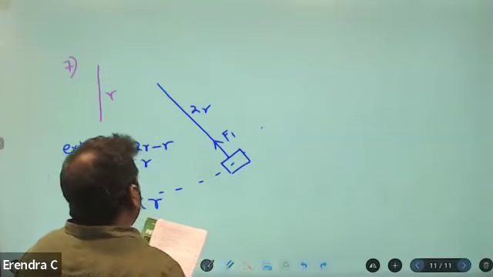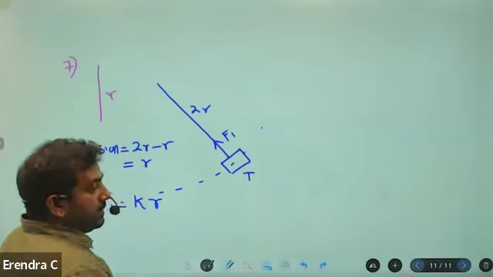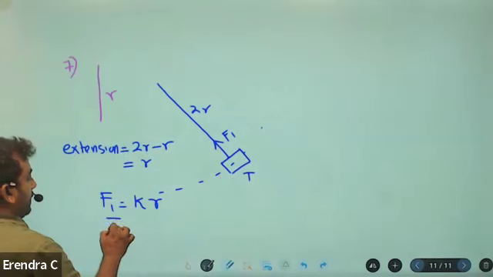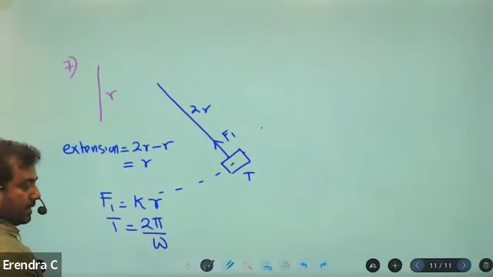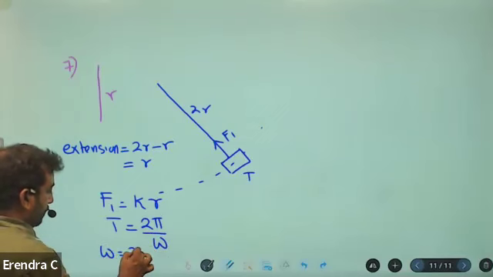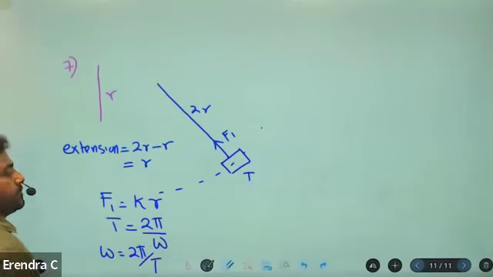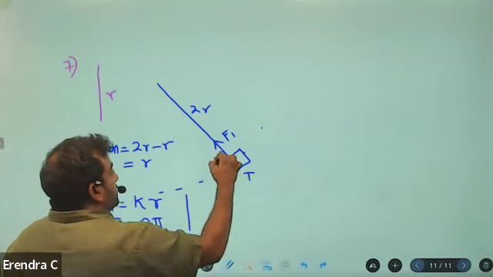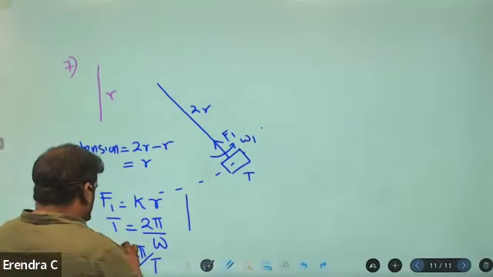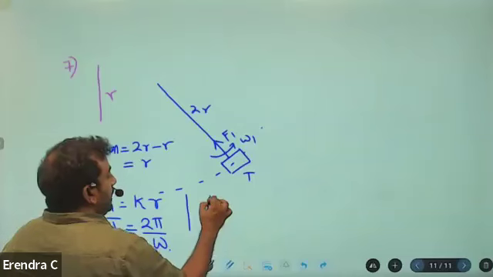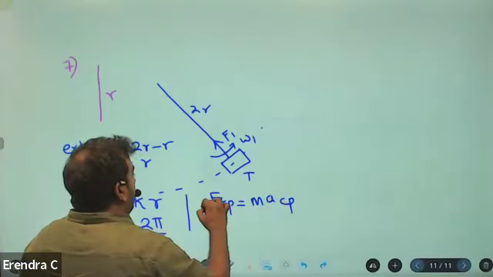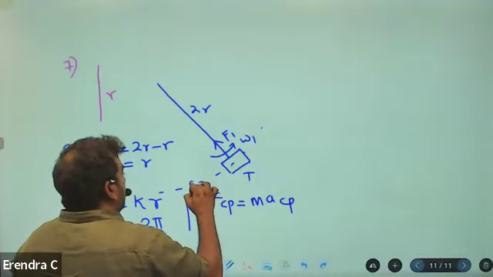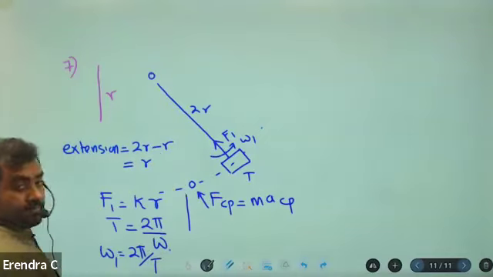They are telling you periodic time is T. I write omega: T is equal to 2 pi over omega. Okay, no? Omega is equal to 2 pi divided by T. So let me write the equation here, omega 1. Centripetal force equals mass into centripetal acceleration towards the center.